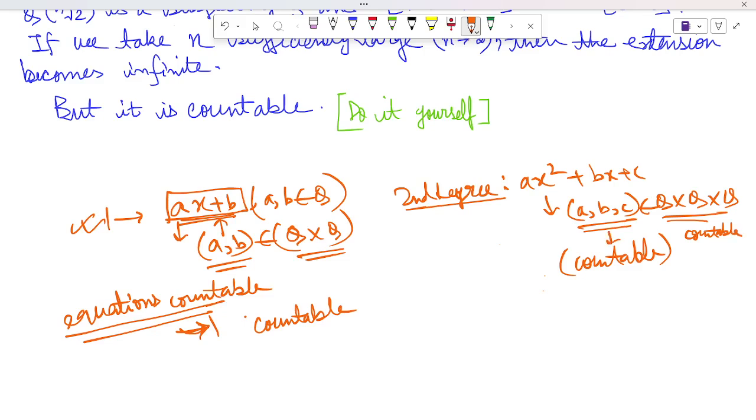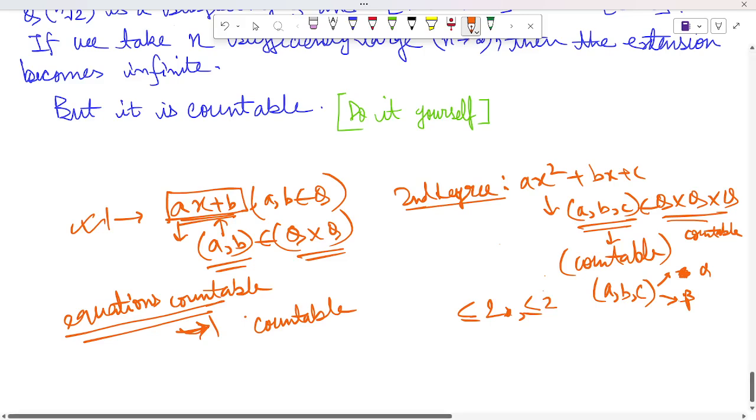But every equation gives you at most 2 roots. So with each tuple there are only 2 possibilities, either alpha or beta. So if the cardinality is x, there are at most 2 times that, which is countable.